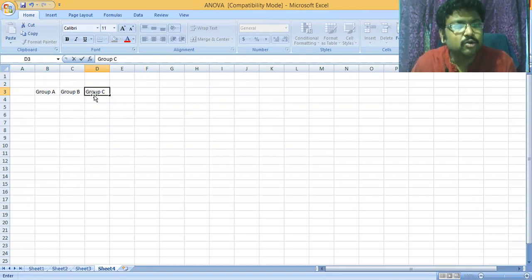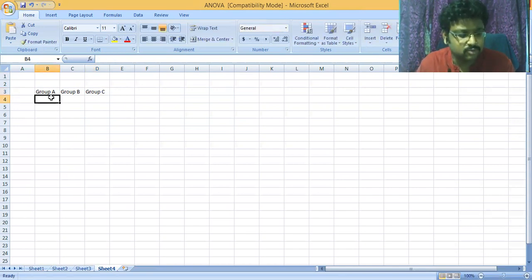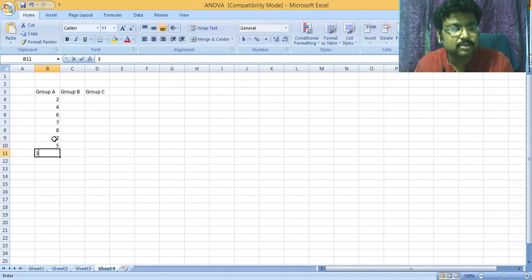And the data are suppose 2, 4, 6, 7, 8, 8, and again 2, 5, 3, 1, and 9.